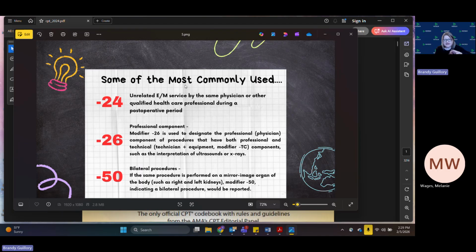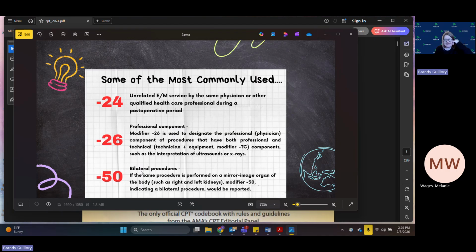Procedures that have both professional and technical equipment modifier TC components, such as the interpretation of ultrasounds and x-rays. And TC means technical component. Okay, but 26 is the modifier that you would attach to that code to indicate that there is a professional component to that as well.